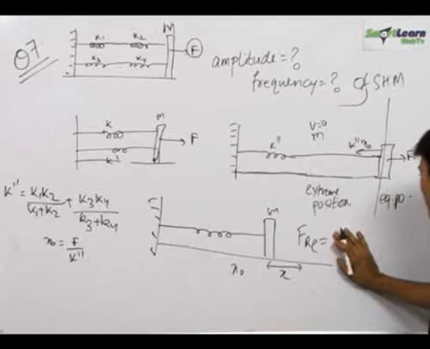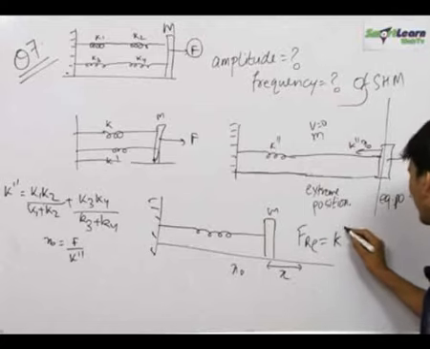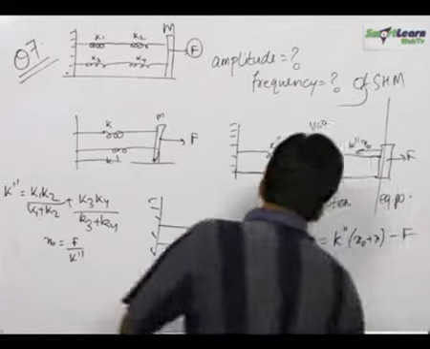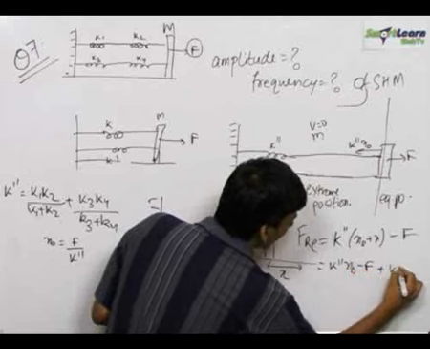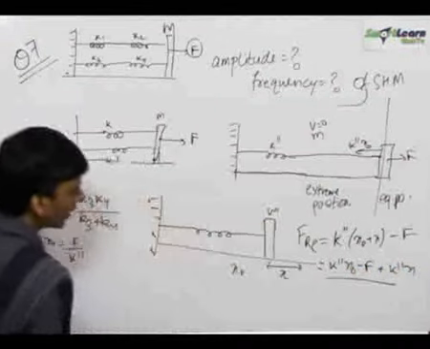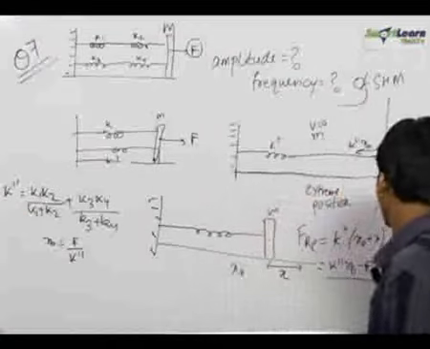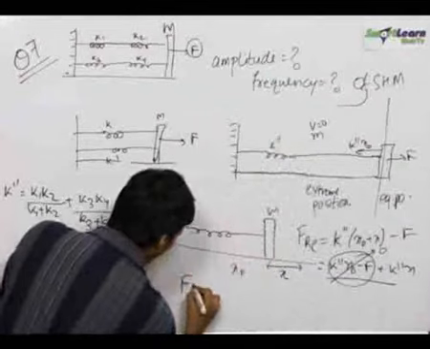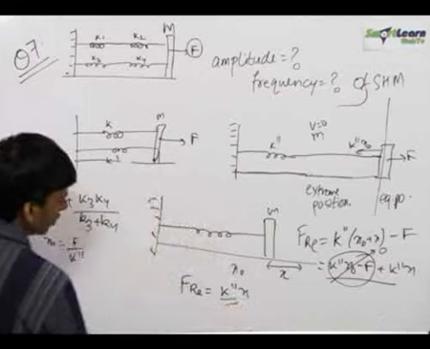That is equal to K double dash into x naught plus x minus F. So this becomes equal to K double dash x naught minus F plus K double dash x. Now K double dash x naught minus F is equal to 0. Therefore, the net restoring force becomes equal to K double dash x, which is directly proportional to x.